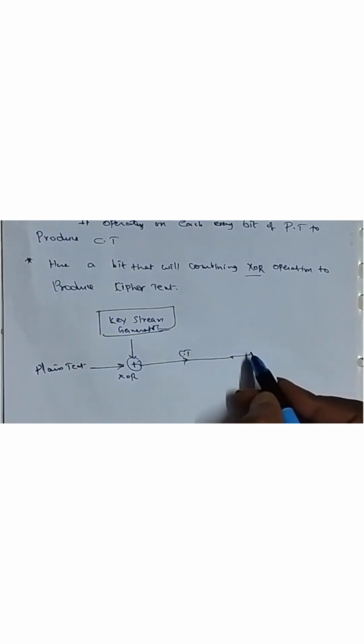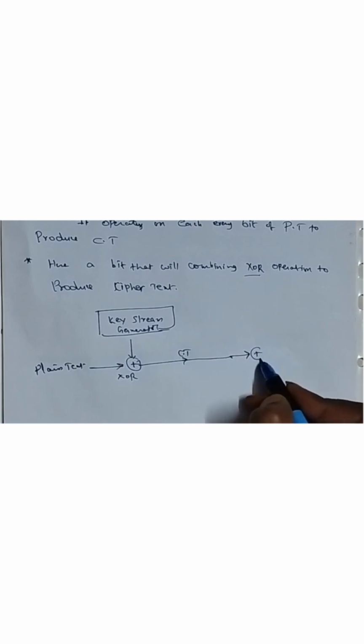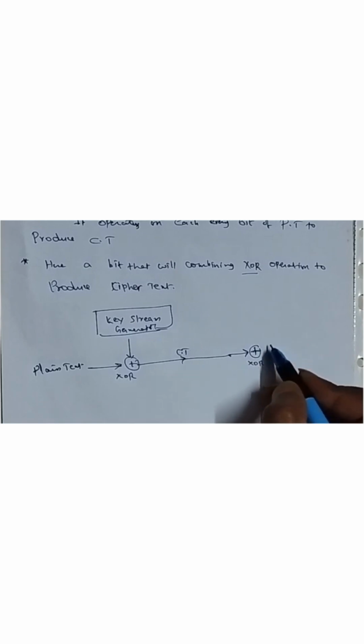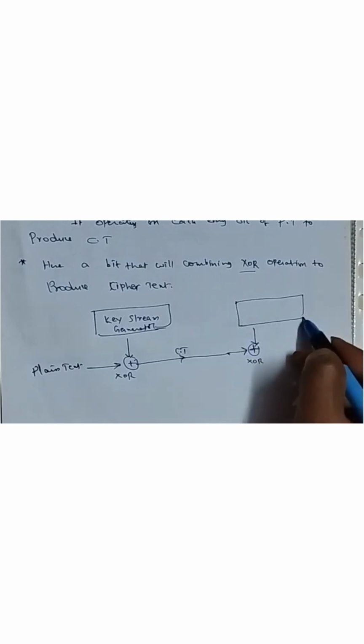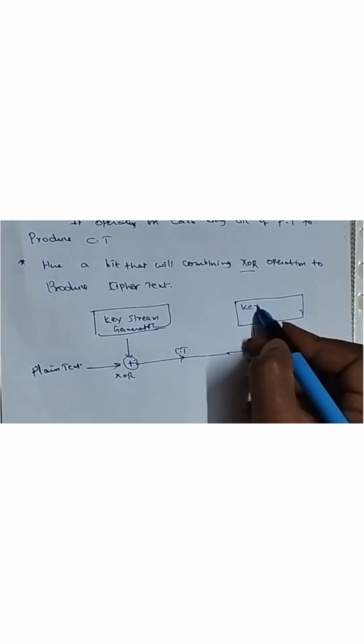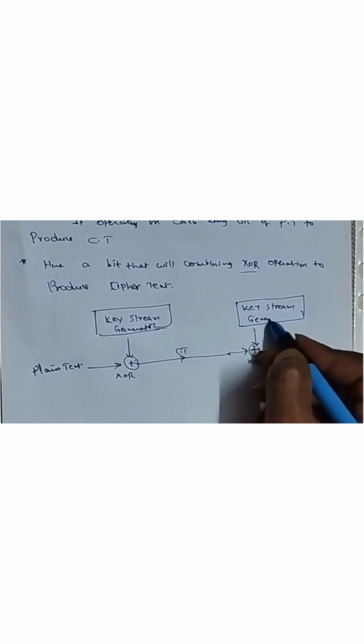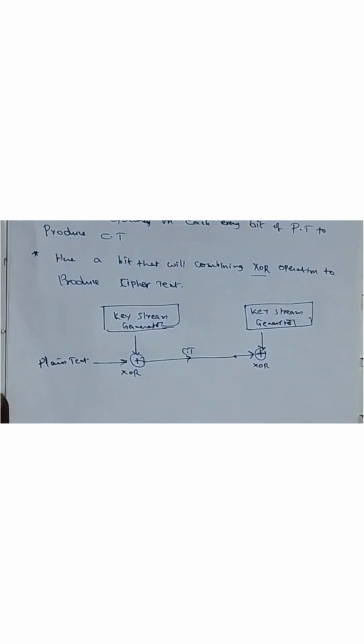Here again we perform one more XOR operation with the help of the key stream generator to produce the plain text.